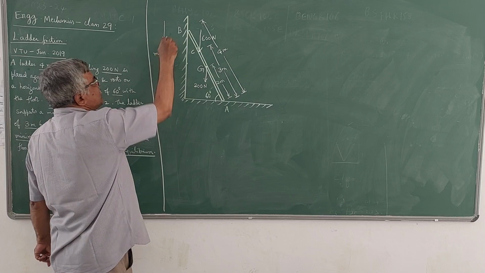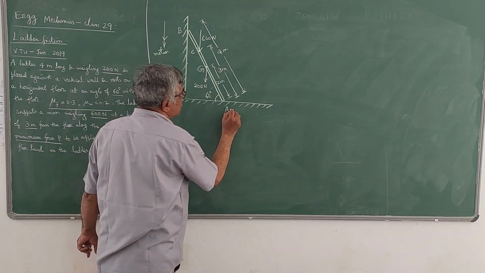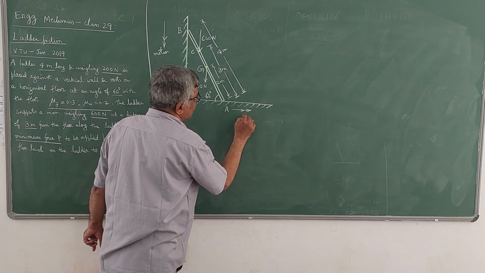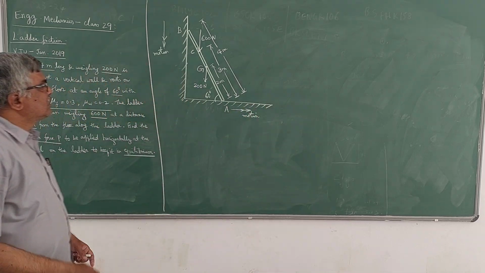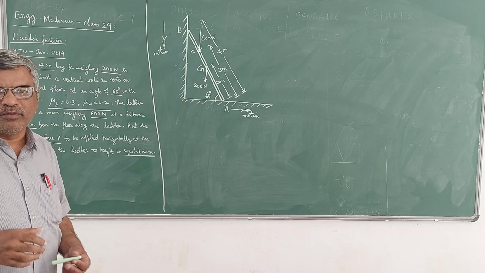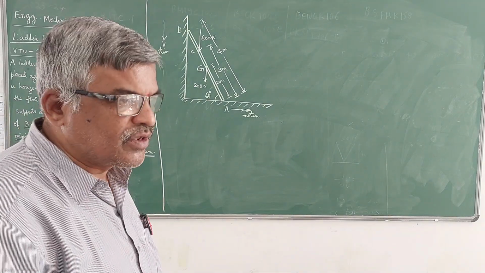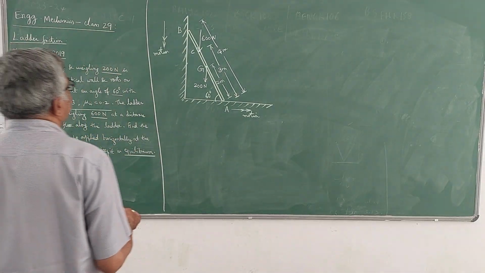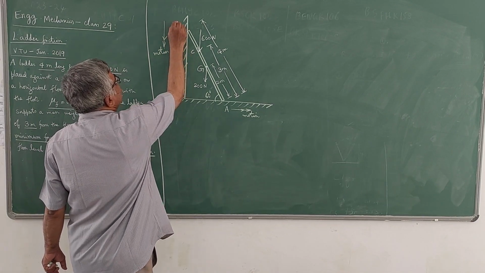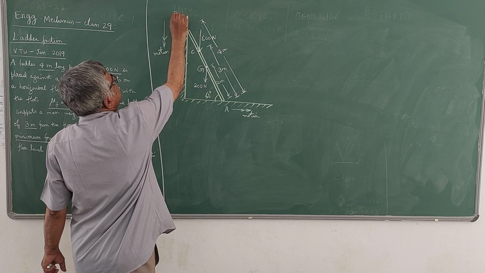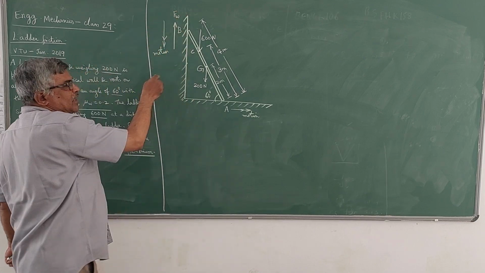And since it slips down, naturally it moves to the right along the floor. So the motion of the ladder along the floor is towards right. Definitely you will have frictional forces acting in the opposite direction of the motion of the ladder. Here along the floor, the frictional force will be acting like this, opposite to the direction of motion.